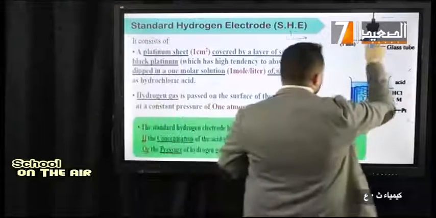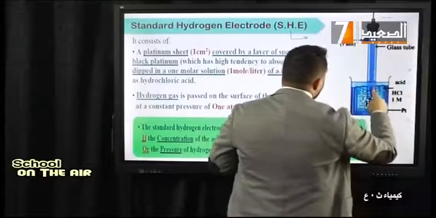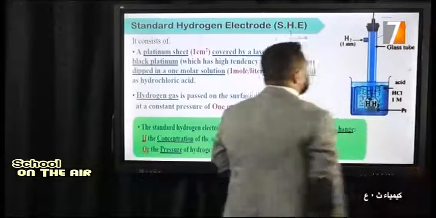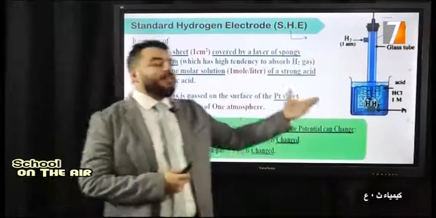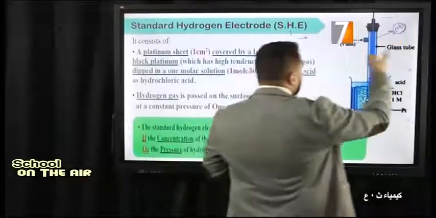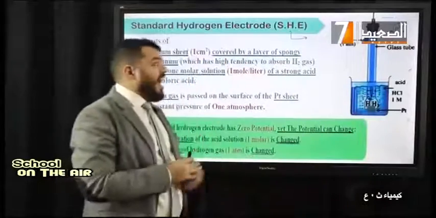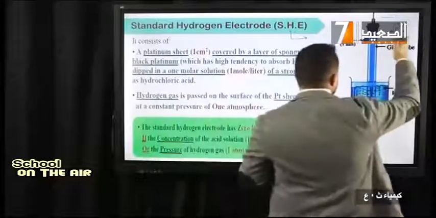You will have to make a glass tube containing a platinum wire or platinum sheet, a metal with the ability to conduct electricity. You use platinum, an inert metal that will conduct electricity without interfering in the potential of the hydrogen.